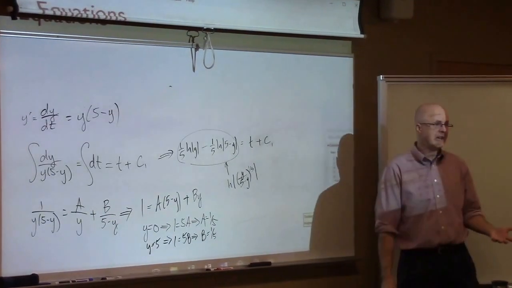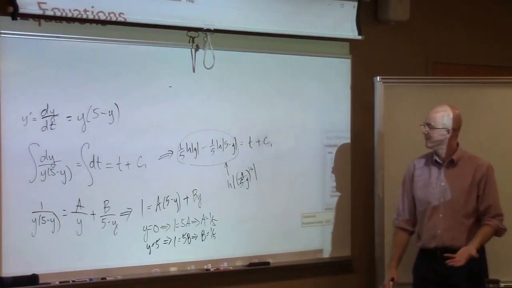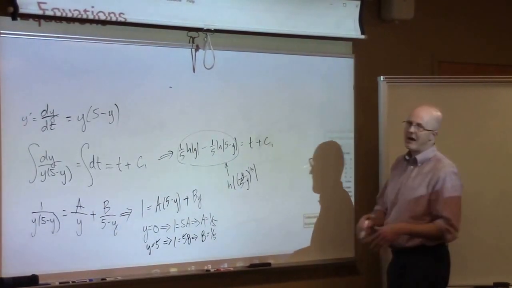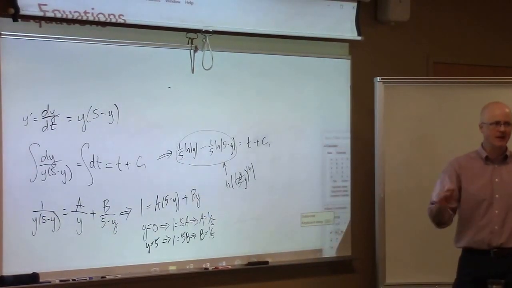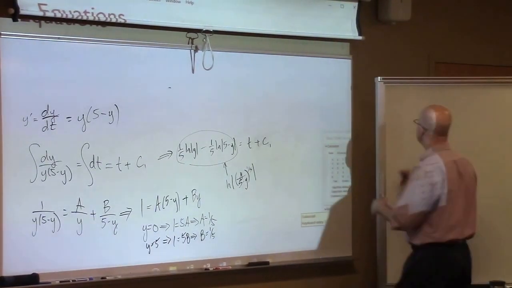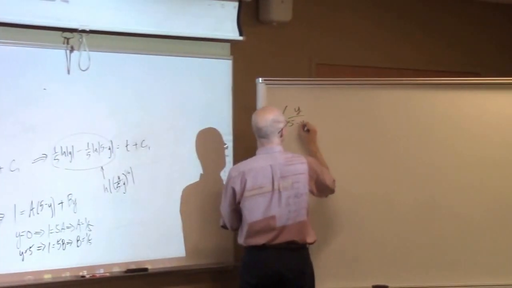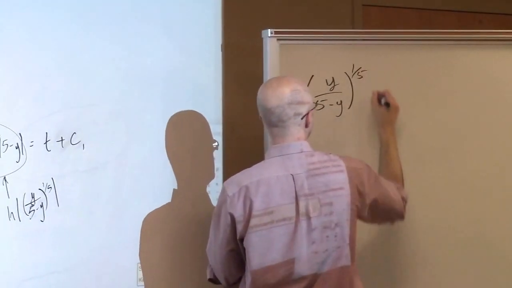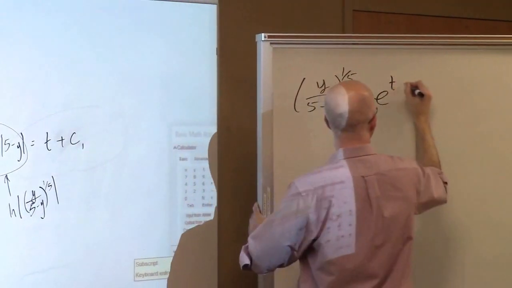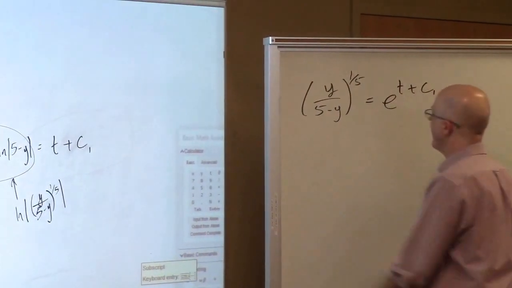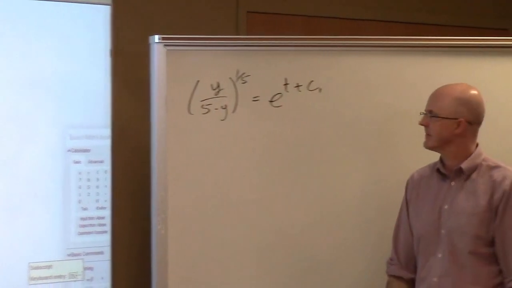You can exponentiate now to get rid of the logarithm. And it does turn out you can get rid of the absolute value signs. I'm not going to justify that completely here. I'm just telling you you can get rid of them in your quest for a general solution here. So I exponentiated and got rid of the absolute value signs.